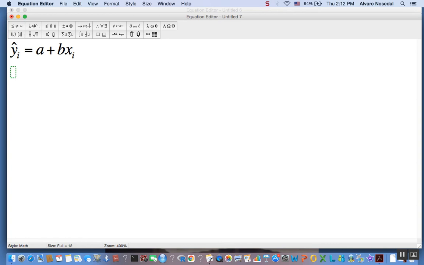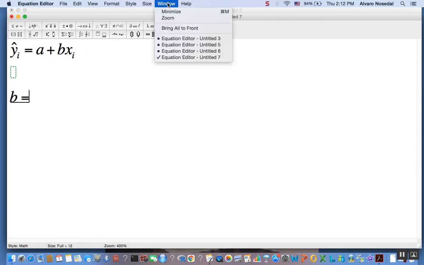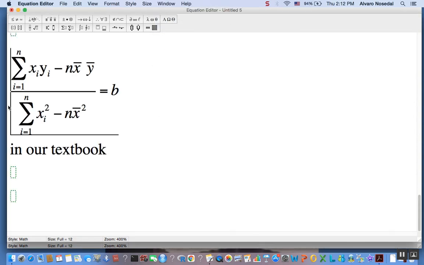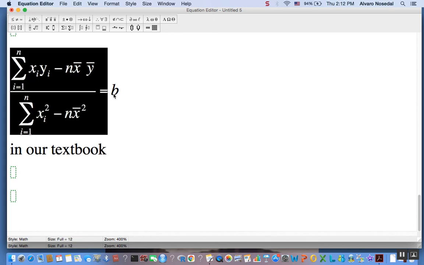So these are the least squares estimators. So b, the one that we have to find first, is this formula that we came up with.